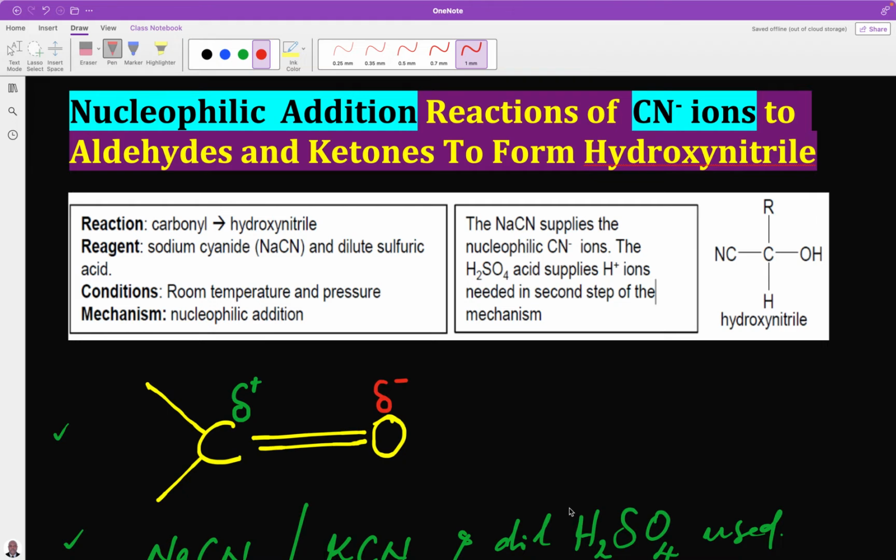Again, the aqueous solution in the reaction vessel will contain hydrogen ions. These hydrogen ions are generated by sulfuric acid. It could be from water, or it could be from the hydrogen cyanide. The same aqueous solution will have some free cyanide ions.